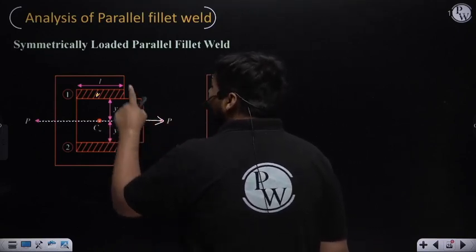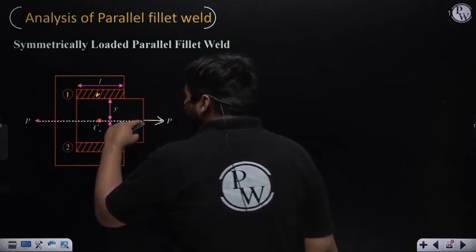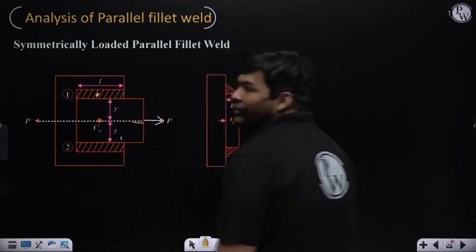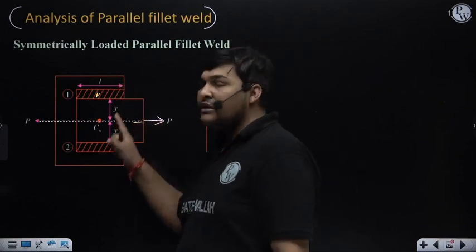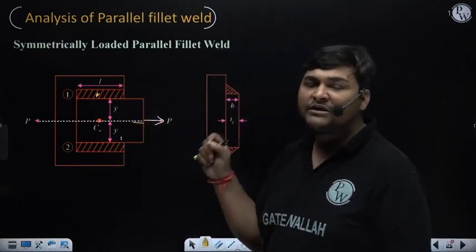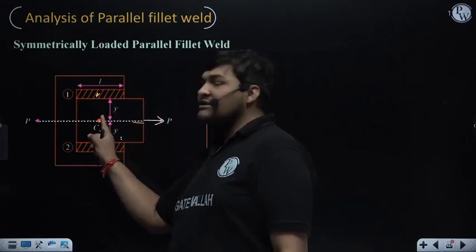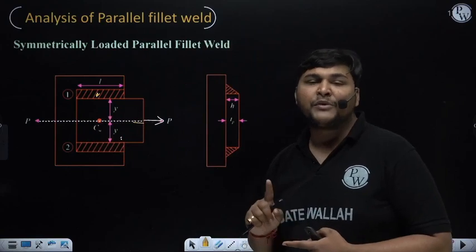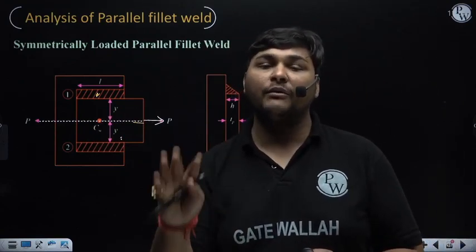In that case, to ensure that the combined centroid is lying on this line, we need to take the length of both welds equal. So in the symmetrically loaded case, we will always take the length of both welds exactly equal, whether the examiner has mentioned it or not, to ensure the line of action of force P is passing through the combined centroid, such that no secondary stress will be induced in our weld.